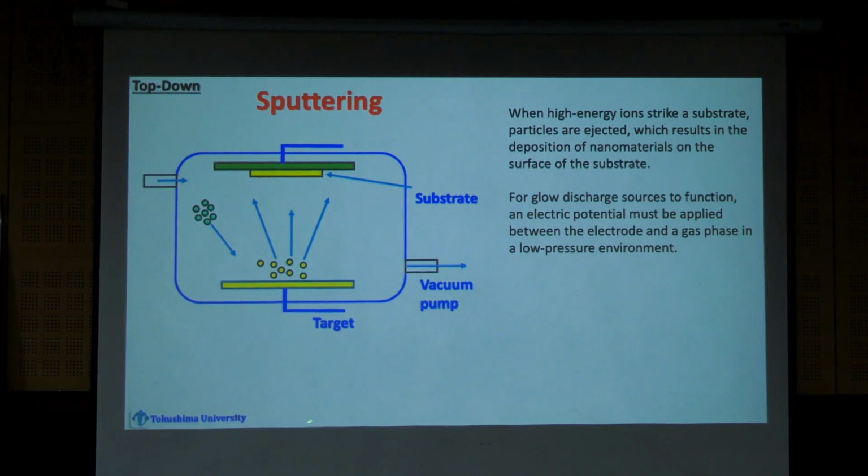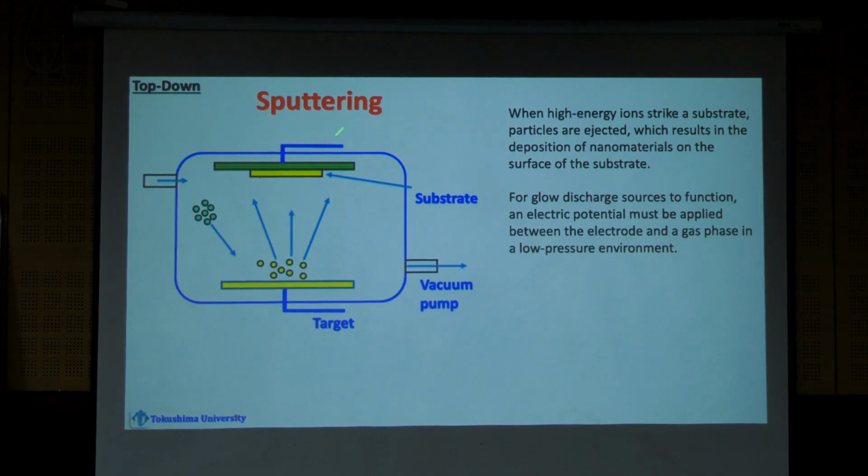Once we use this RF sputtering, it is used in the vacuum, and electric potential must be applied between two electrodes.